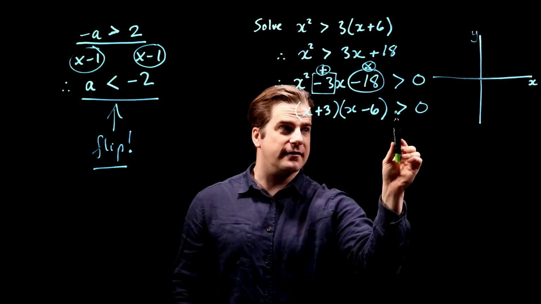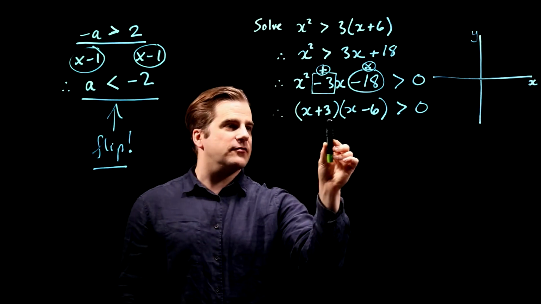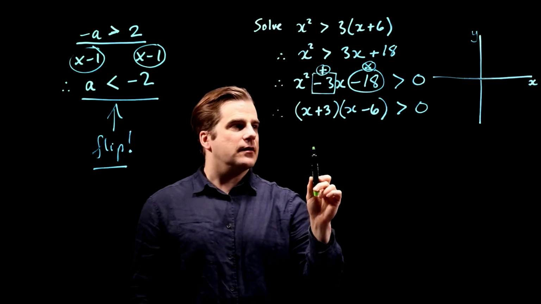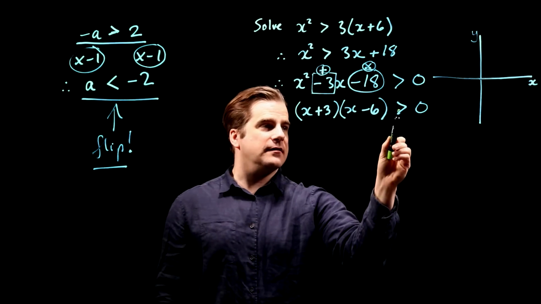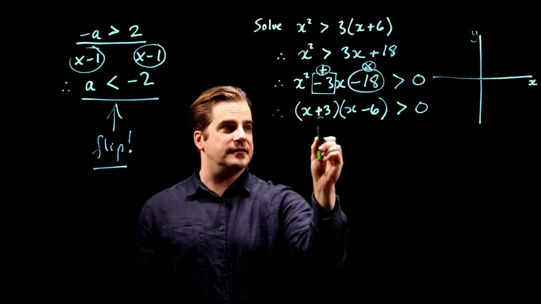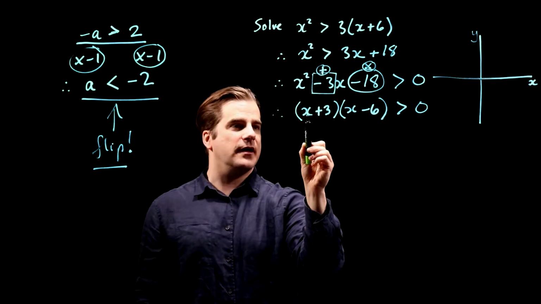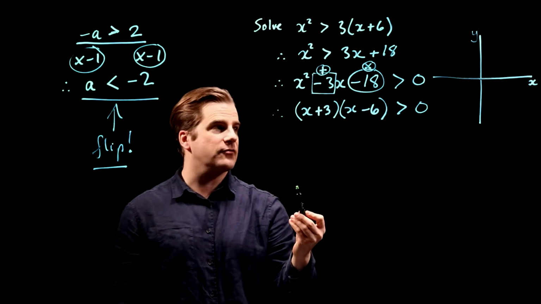Now we'll pretend that that is an equals, okay? So you've got x plus 3 times x minus 6 equals 0. If two things multiply to give you 0, then either that is 0 or that is 0. And this is how we get the solutions. Therefore, if x plus 3 is 0, therefore x is minus 3.